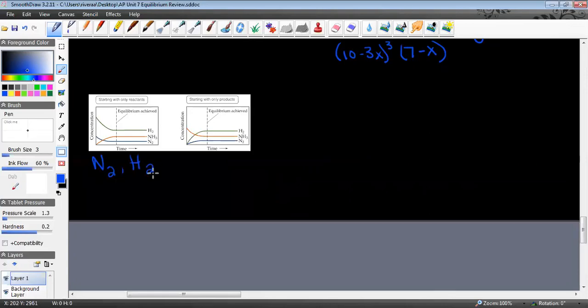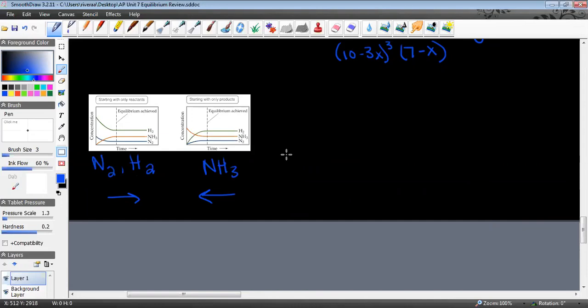If you're starting off only with reactants and no NH3, the reaction has to go forward to get to equilibrium. And if this was the scenario where we were starting off only with the NH3 and no H2 or N2, the reaction would be going in reverse to get to equilibrium.